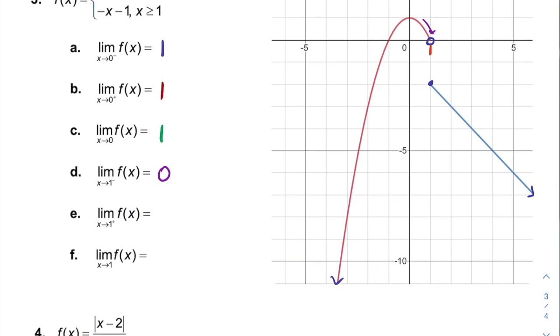As I approach from the right, I trace my graph, and when I hit the x value of 1 on this graph, I am at a y value of -2.